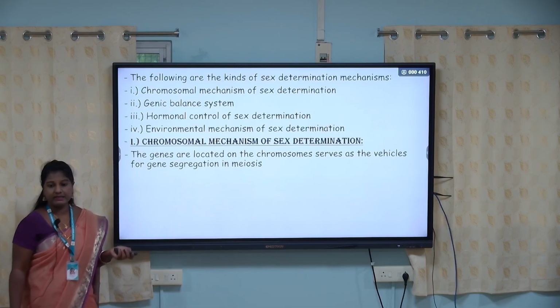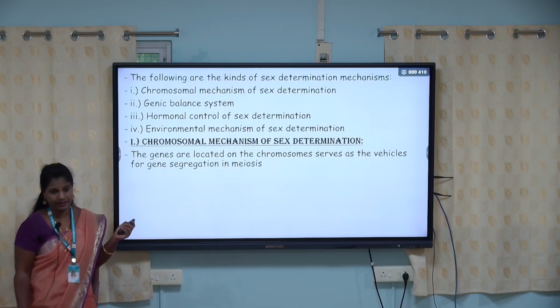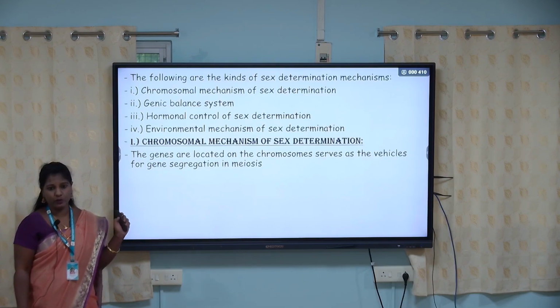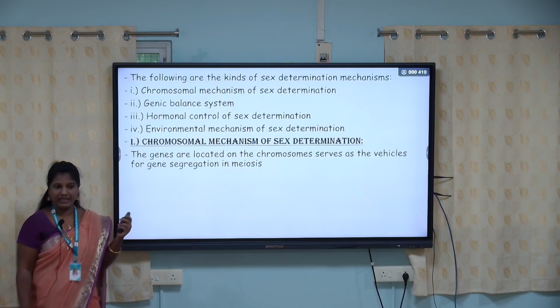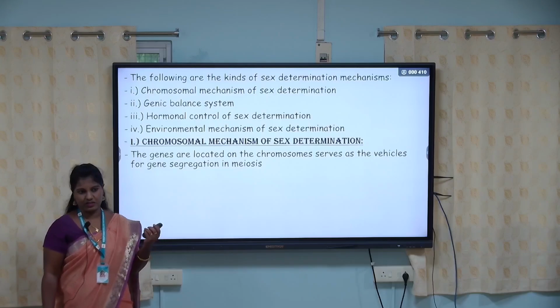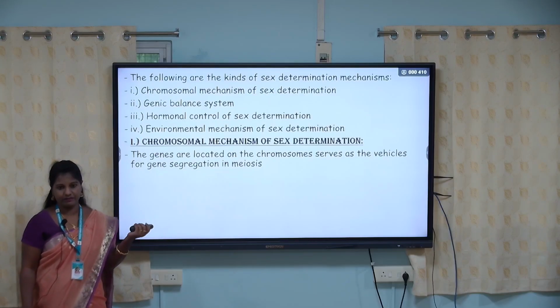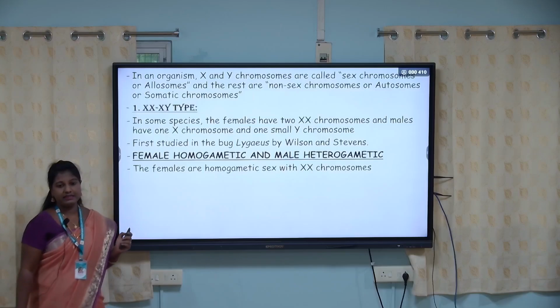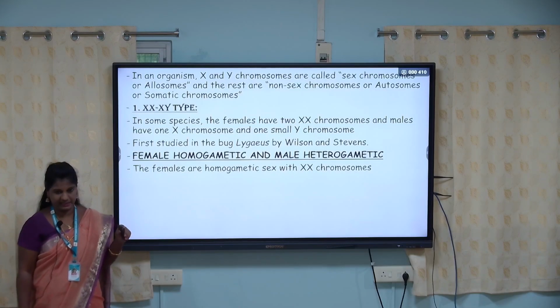The first point, as I mentioned, the chromosomal mechanism of sex determination, clearly indicates the main role of chromosomes in determining the sex of the particular individual, or the next generation, the filial generation, F1 generation. Here, the first type we are going to see is the XX and XY type.